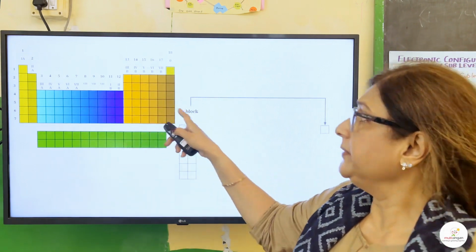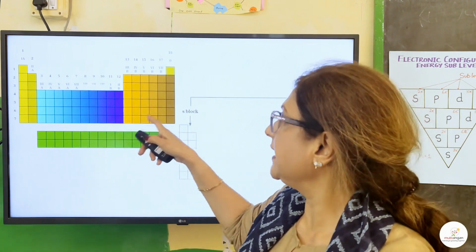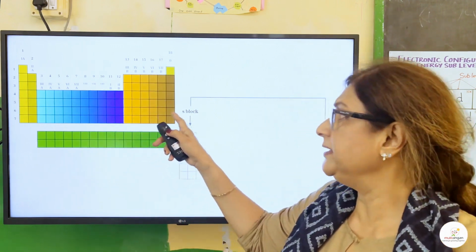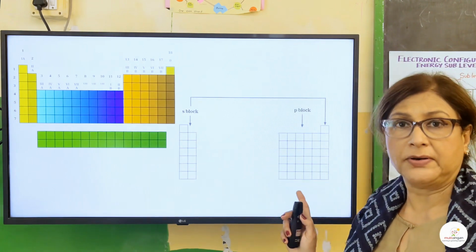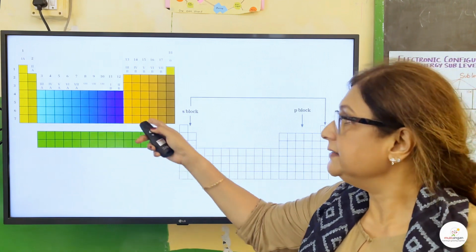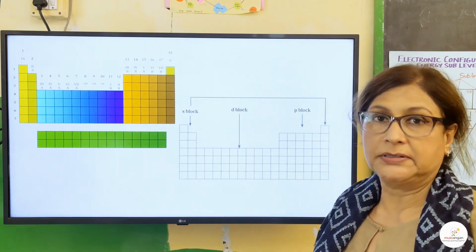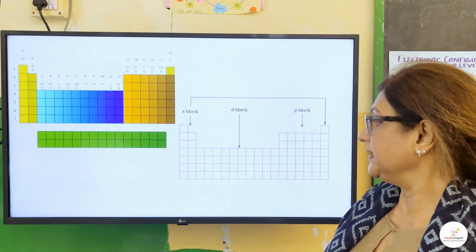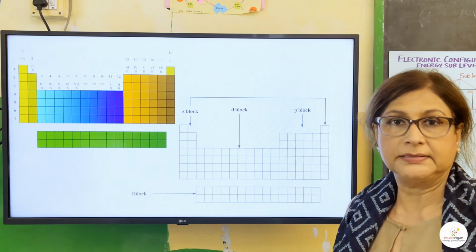On the right hand side, there is a big square which is orangish-brownish in color. These are known as the P block. In the middle, the transition elements are called the D block. And the two rows at the bottom, the green ones, are known as the F block.